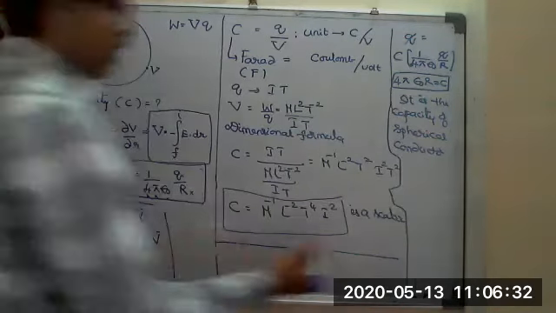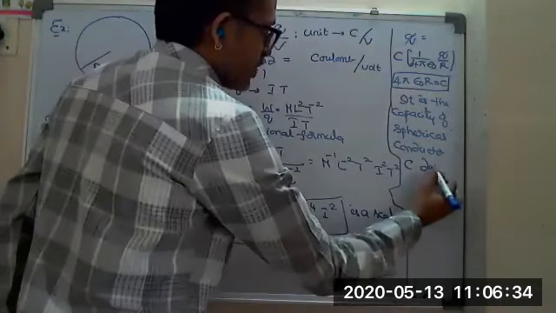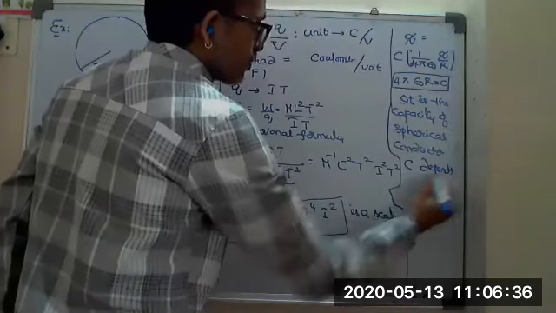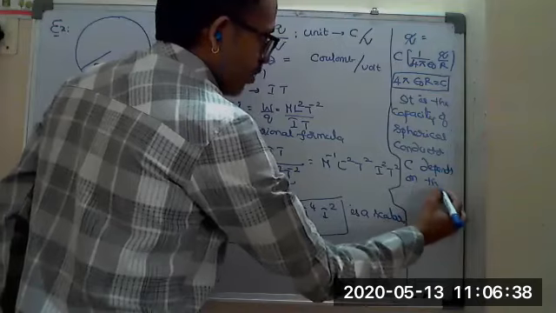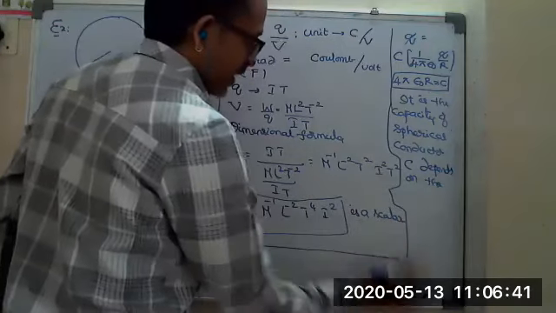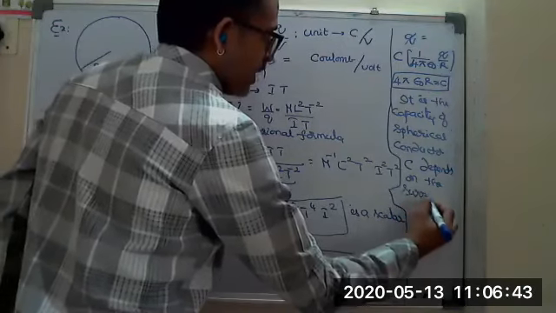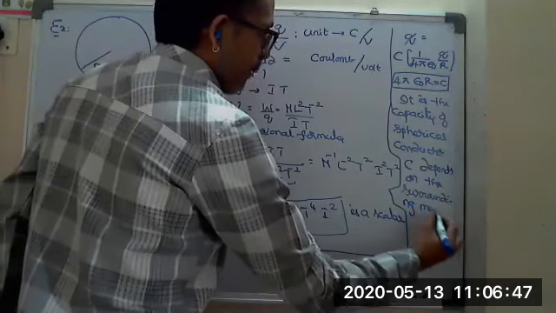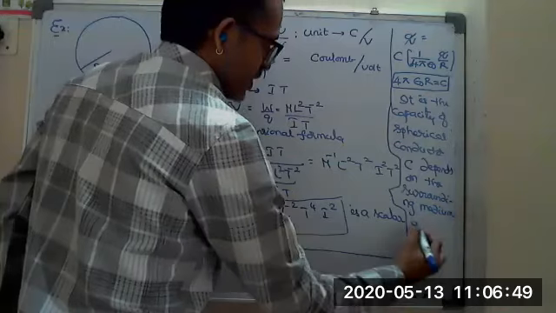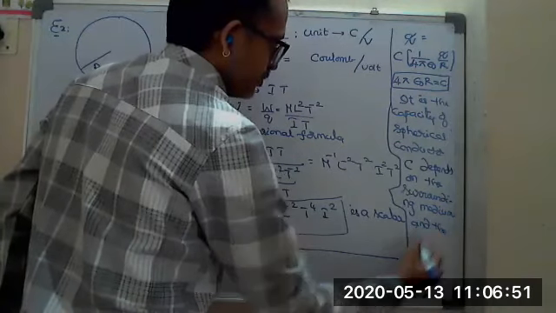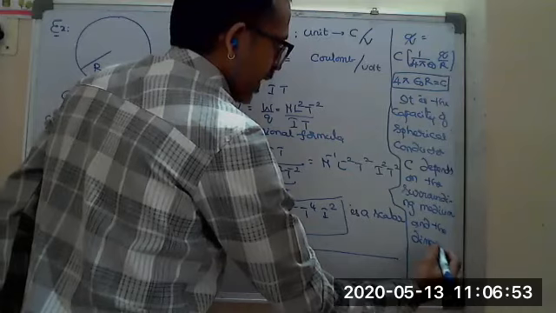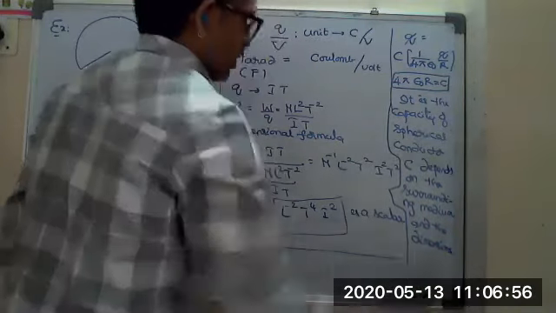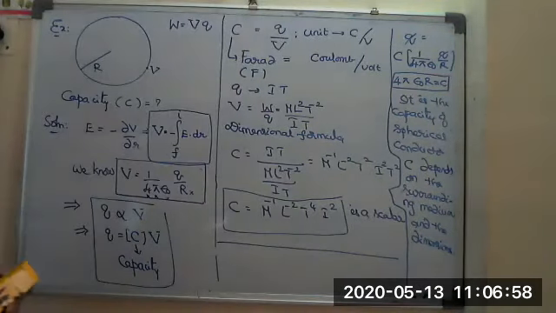So you can conclude here that C depends on the surrounding medium, what we discussed in the theory previously, and the dimensions. Dimensions are the sizes, like radius, area, volume. It depends upon the dimensions.